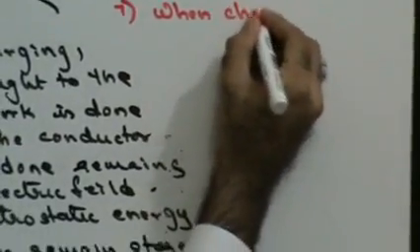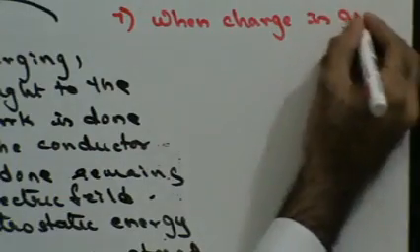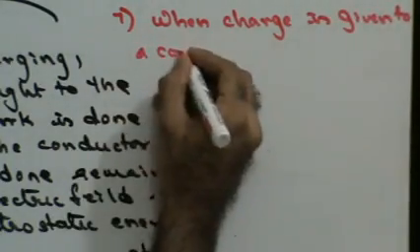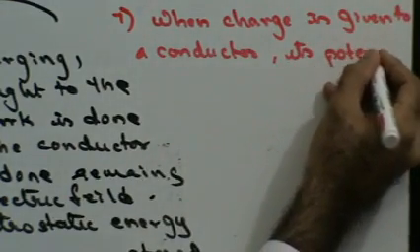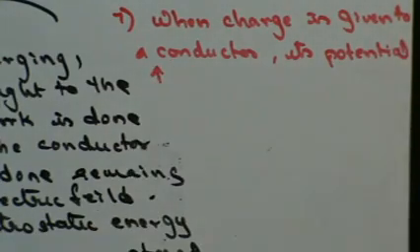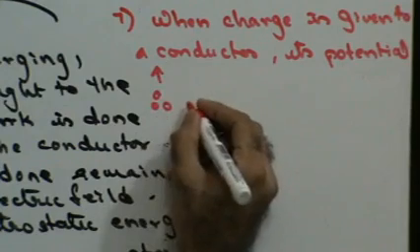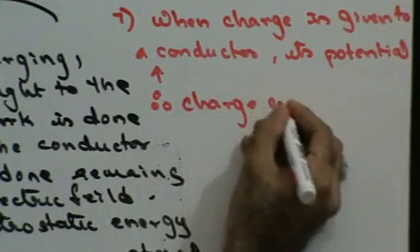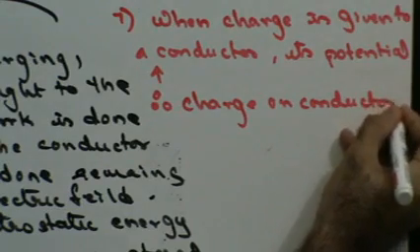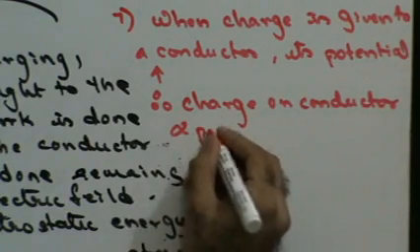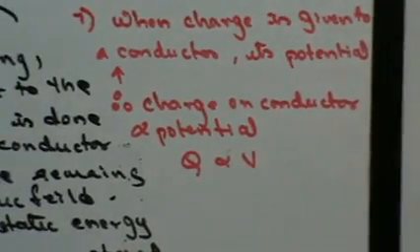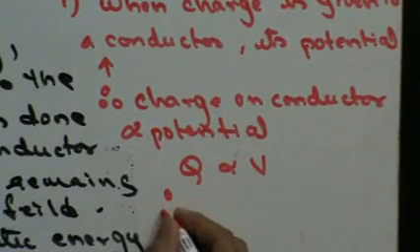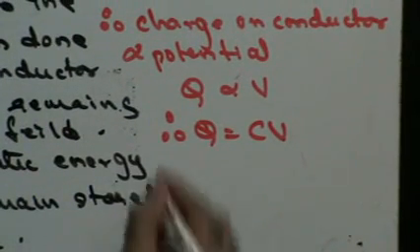That means Q is directly proportional to V. Therefore, Q is equal to CV, where C is a constant.